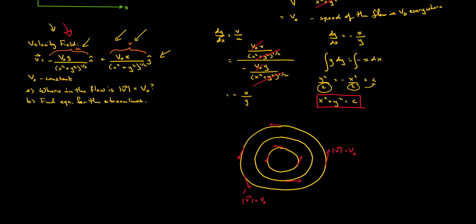So here you have seen how to describe mathematically the equation for a streamline based on this very simple relationship between the local slope and the velocity vector components.